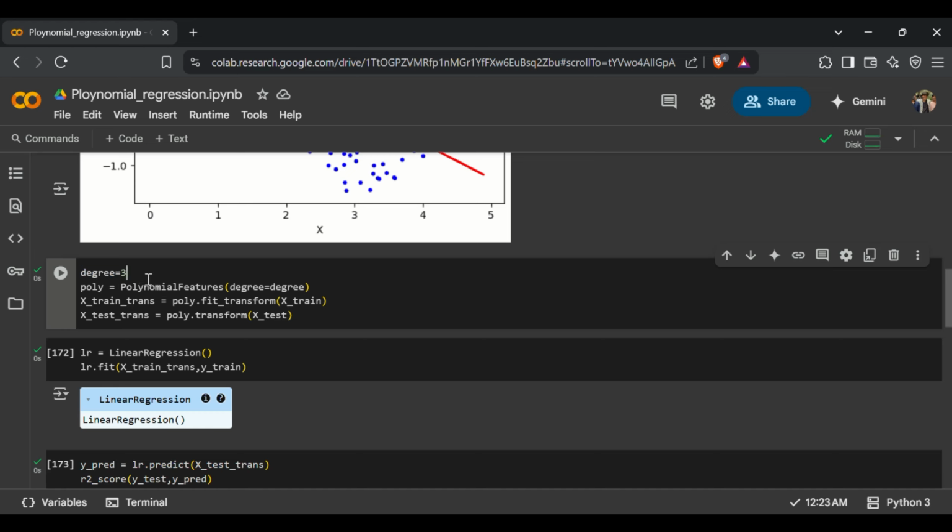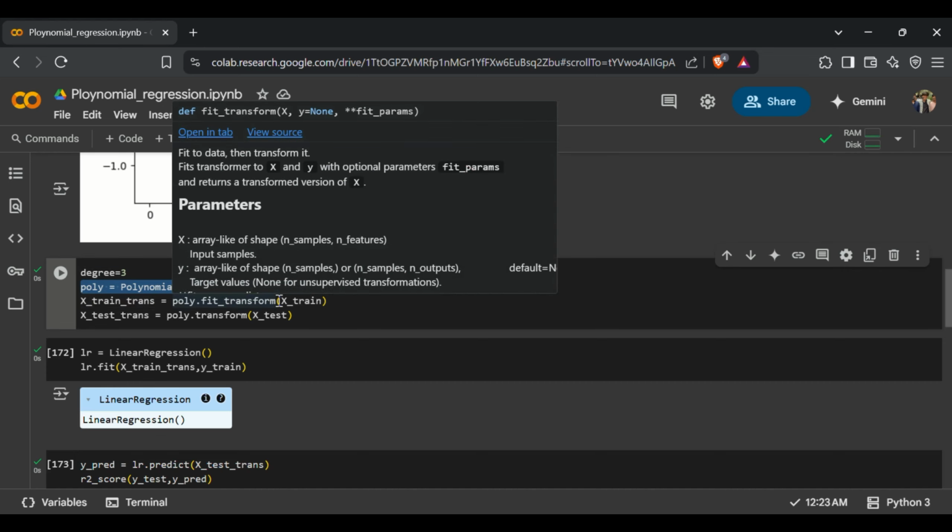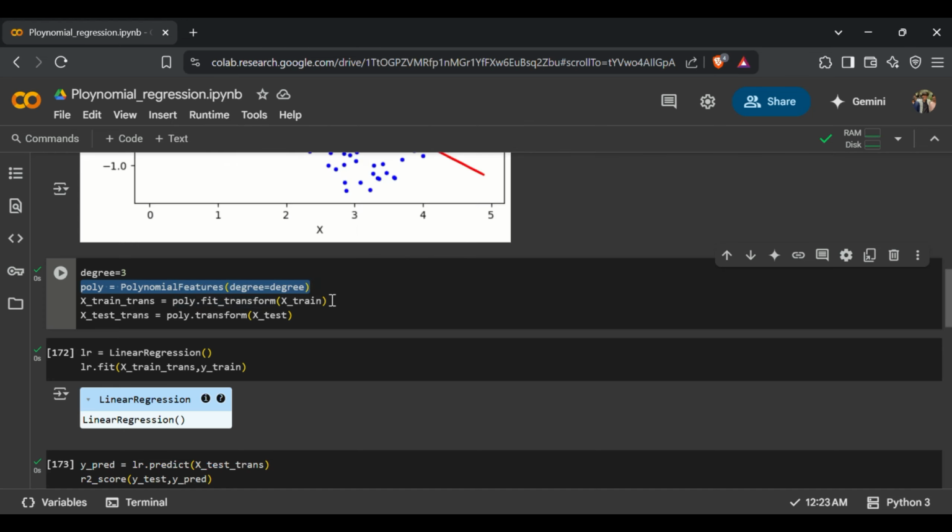I loaded the polynomial features and transformed the training and test data using fit transform. We have discussed the equation of polynomial regression, that is y equals beta naught plus beta 1 x plus beta 2 x square and so on. Let us suppose the degree is 2.